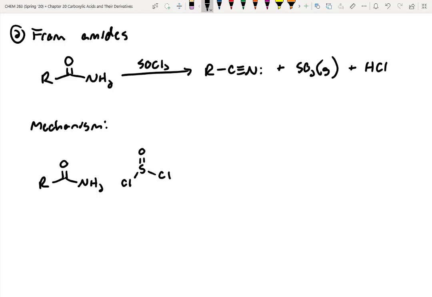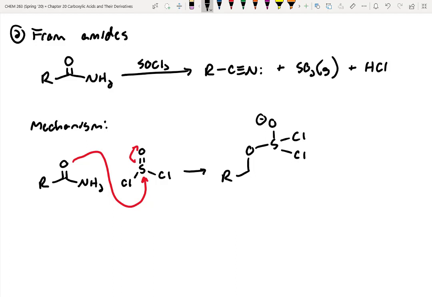So it's seeking out electrons, and in this case, the lone pair electrons on oxygen can attack the sulfur and kick up electrons onto that oxygen. So what we get is this kind of funky looking intermediate where we form a bond to sulfur. The oxygen has a negative charge, and you've got two chlorines here and here.